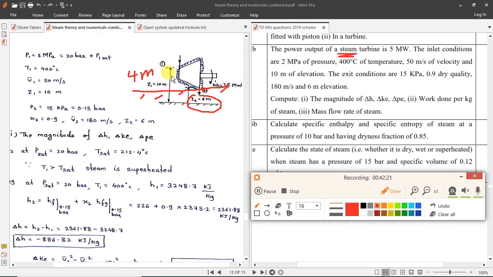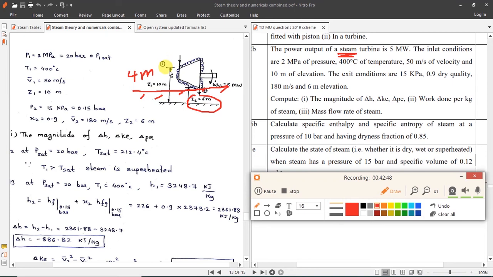Now in this case, the interpretation of data becomes critical. Z2 will be 0 and Z1 will be 4 meter. So Z2 minus Z1, you have to consider it as minus 4. You have to remember that. In this case also, Z2 is 6 minus Z1 is 10, so you will get minus 4.